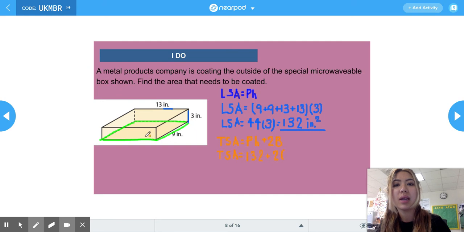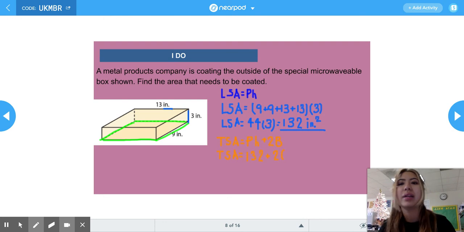So our base shape is this green rectangle. So I'm multiplying one side length by the other side length, since to find the area of a rectangle, you multiply one side by the other side. So I'm multiplying 9 times 13.